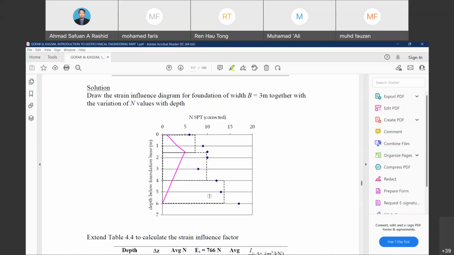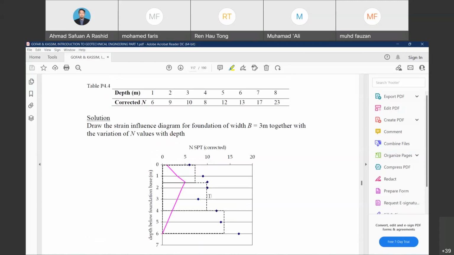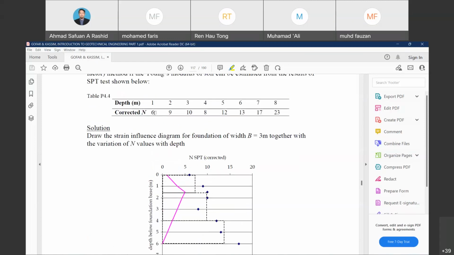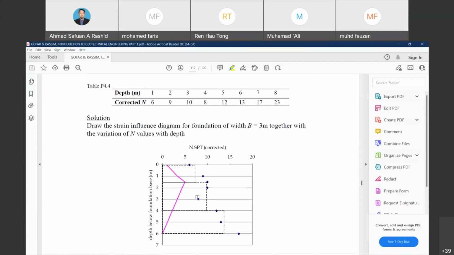So 0 to 1.5 is SPT value 6 to 9, then 1.5 to 4 is 9 to 8, and the last one is 12 to 17.